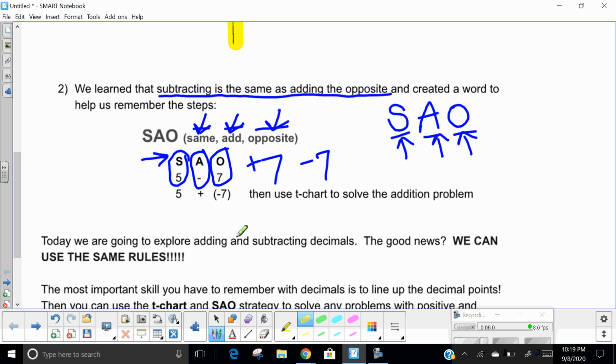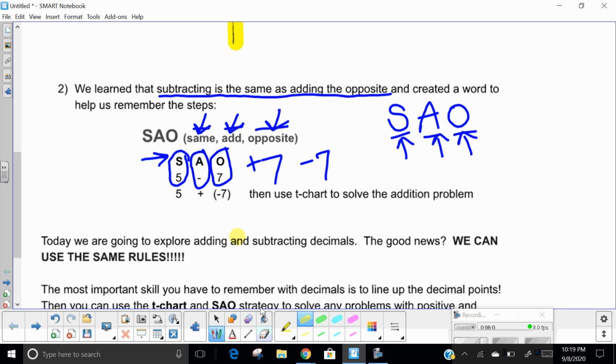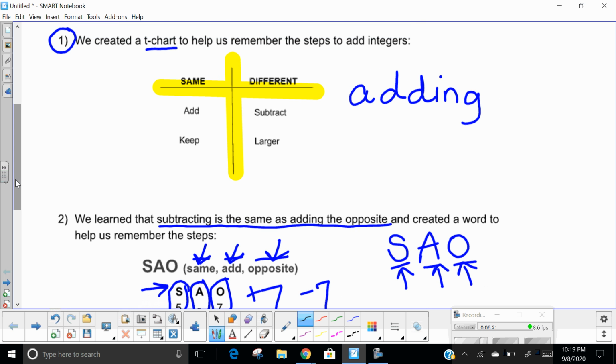And now what we have here is this plus sign right here. And now we are adding, so we need to use the T-chart, because remember, the T-chart tells me the rules for adding, because I have this big plus sign in the T-chart.